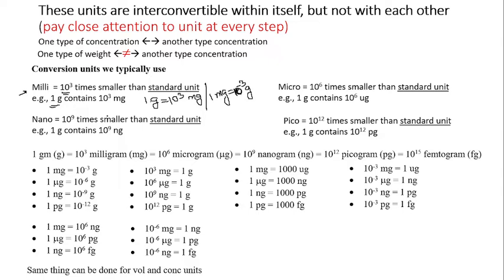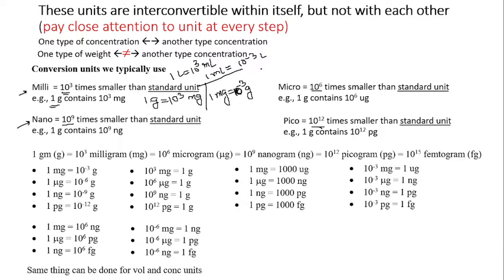You can use this for any of the 3 parameters. Like 1 liter is 10 to the power 3 milliliter, and 1 milliliter would be 10 to the power minus 3 liter. Similarly, nano would be 10 to the power 9 times, micro would be 10 to the power 6 times, pico would be 10 to the power 12 times, and so on.